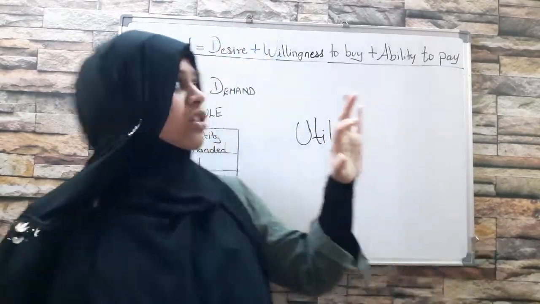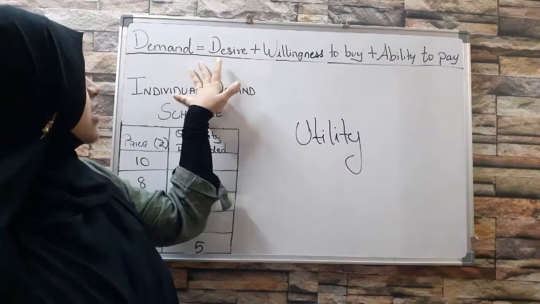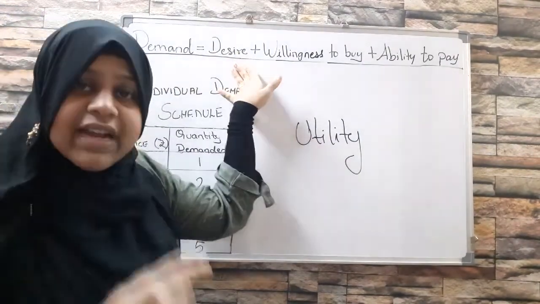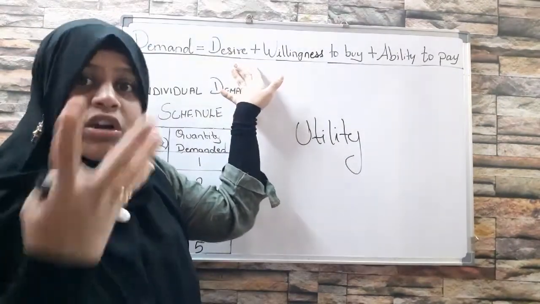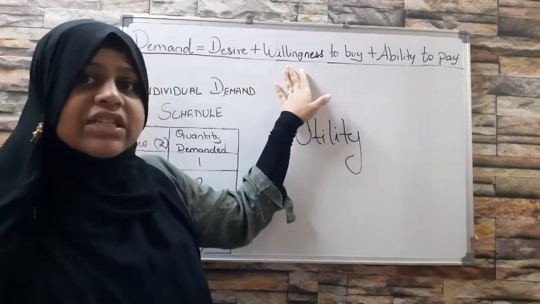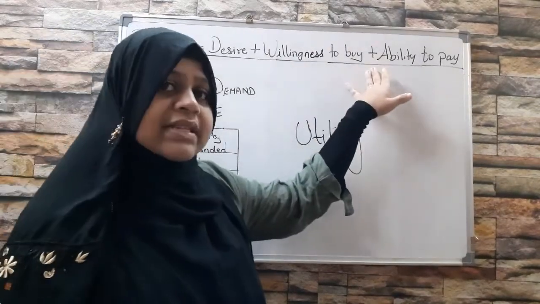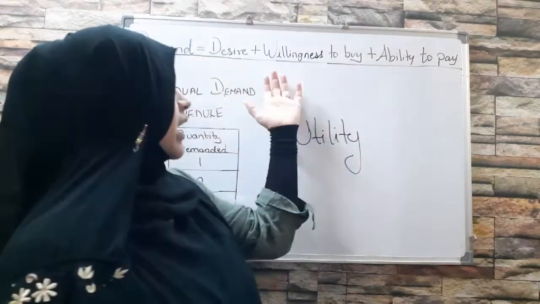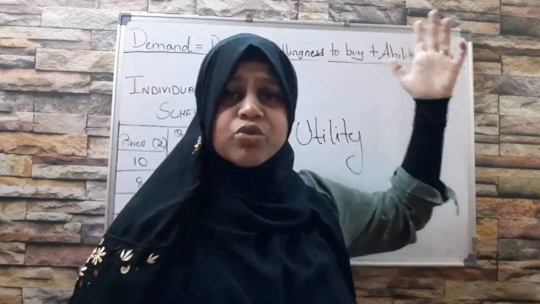It is written on the board here. Demand equals desire, that is your wish, the want that you want to satisfy, plus willingness to buy, plus ability to pay. Now what is willingness to buy and what is ability to pay?